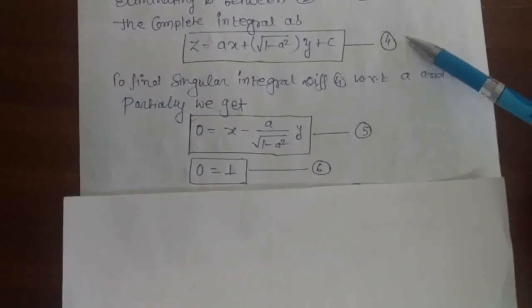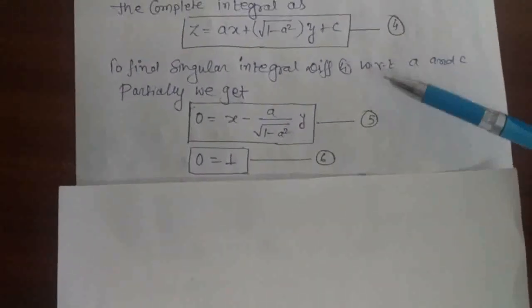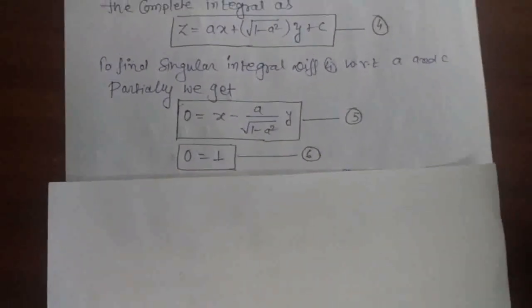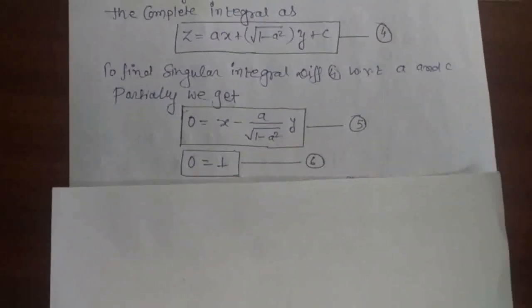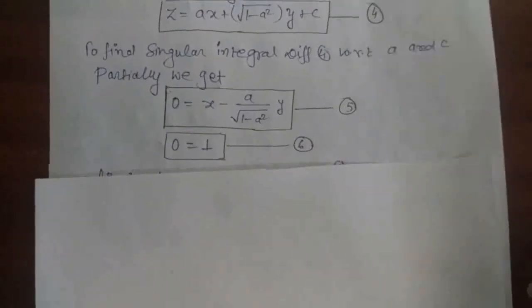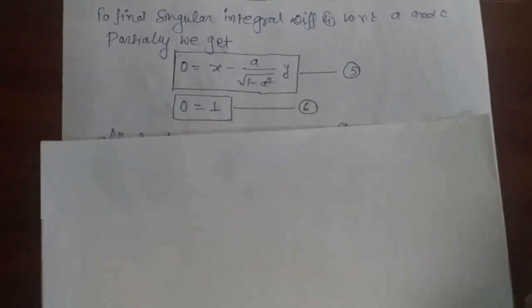Now eliminating a and c between 4, 5 and 6, we get the singular integral. But again the equation 6 is not mathematically valid. This shows that the given equation has no singular solution.